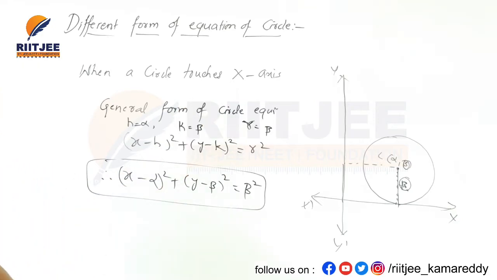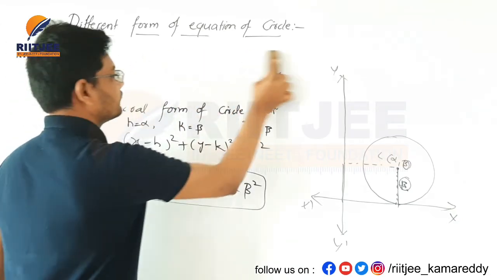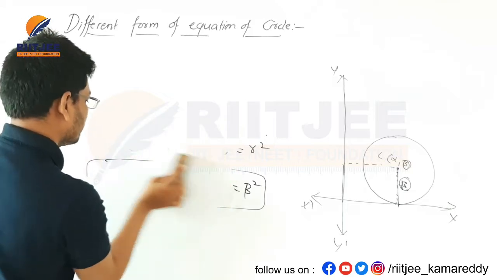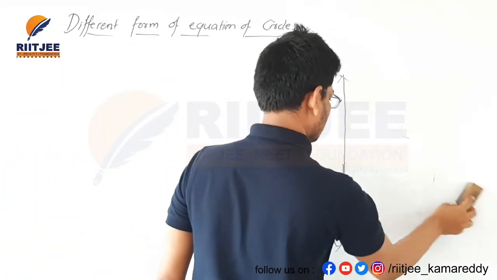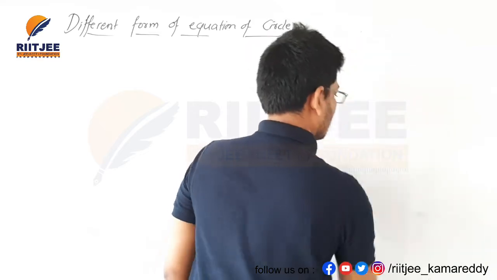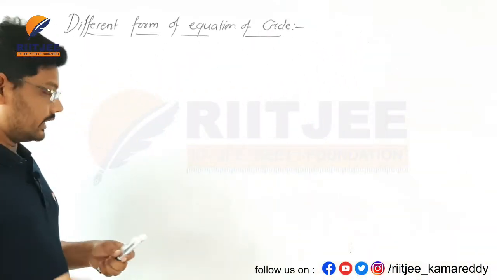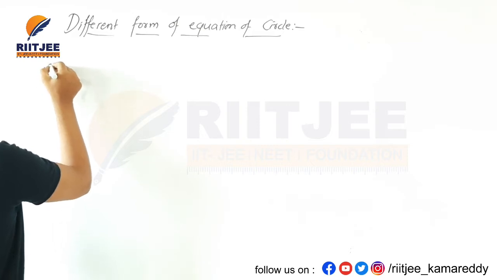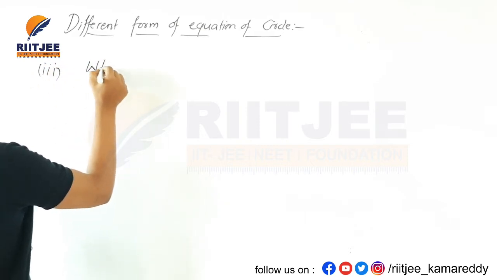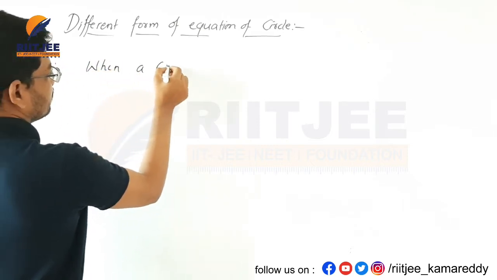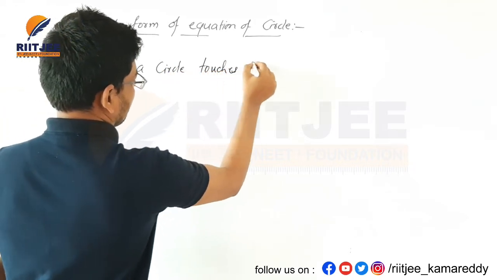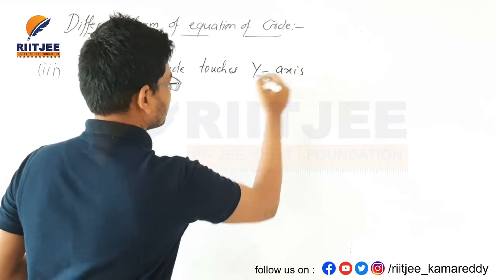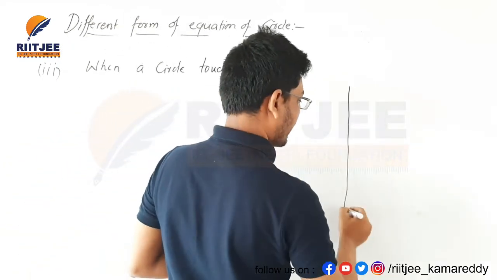And the third type of circle is when a circle touches the y-axis. Let us draw a diagram.